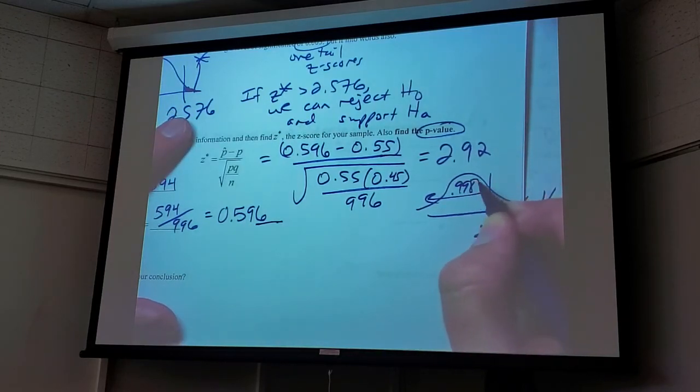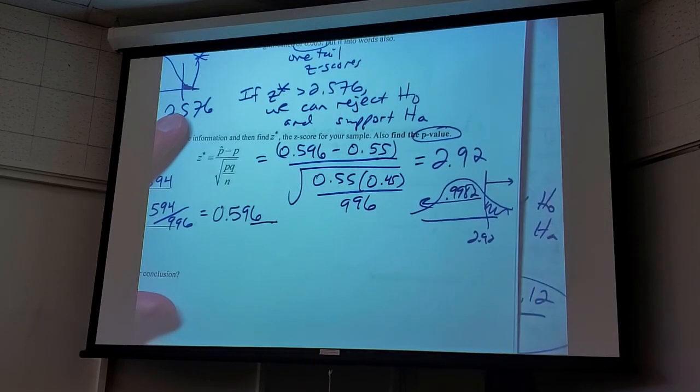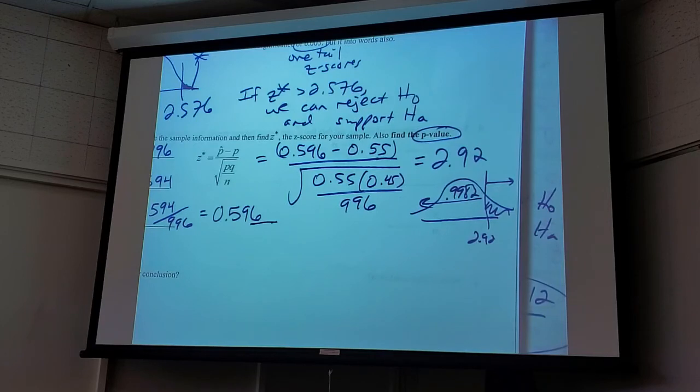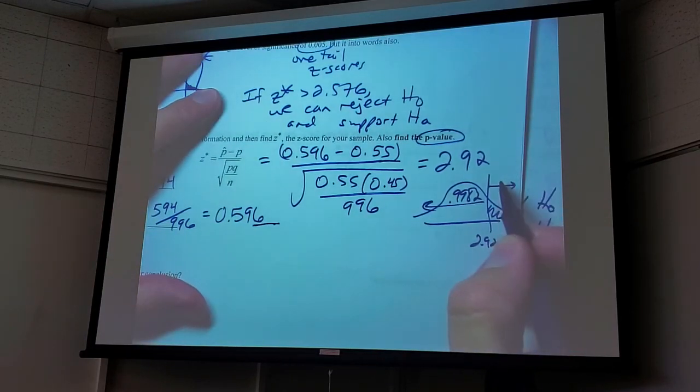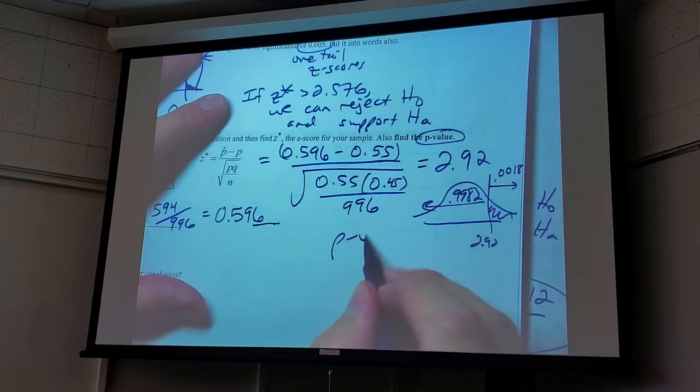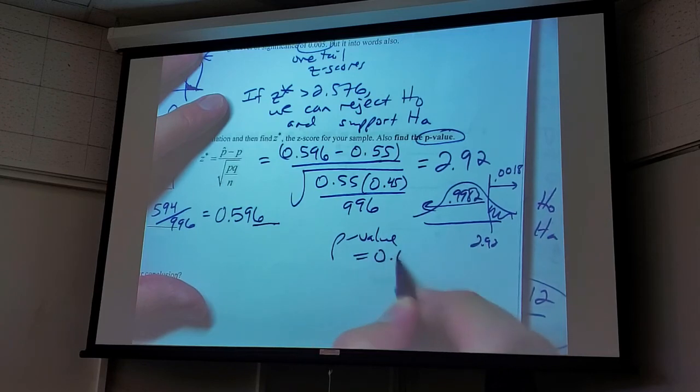I get 0.9982 here, but of course, that's not the answer. I want this one. This is old stuff, right? I say old, when it's actually a few weeks ago. So I just gotta find this area up here, so that's gonna be 0.0018. So the p-value is 0.0018.